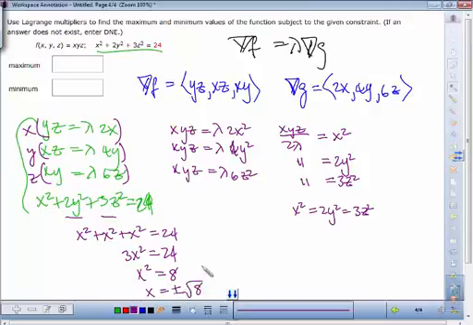Then I can solve for x. And once I know x, I know that x squared is equal to 2y squared. And so I can solve for y.